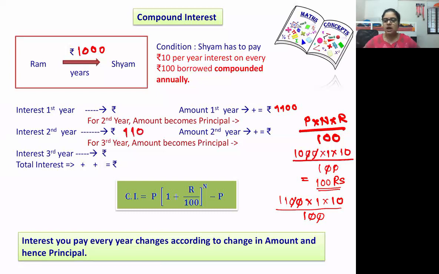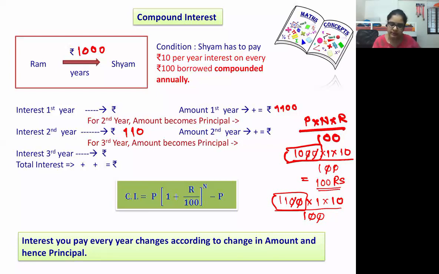So he would have got 110 rupees as interest instead of 100 rupees from Sham. He's benefiting from Raju because Raju is considering principal as 1100, not 1000 rupees. And in the case of Sham, he was taking it for 2 years, but he was still considering principal as 1000 rupees. Understood now? Why it is 110? Yes.